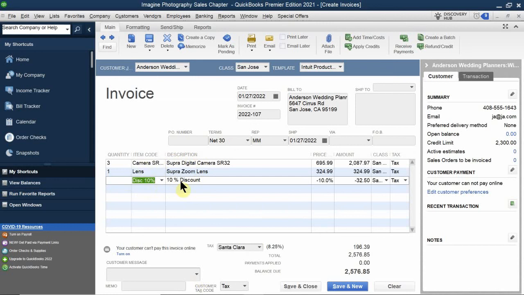Right here it tells me it's a 10% discount, and it's going to subtract 10%, which is going to be $32.50. Now, what's wrong with this line item? I'm only discounting one of the items when my whole entire store has a 10% discount. How is it that I'm only discounting one item at a time?